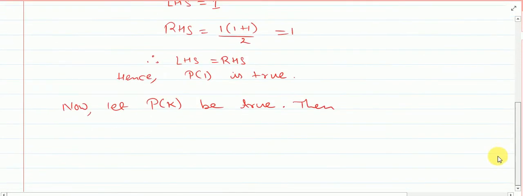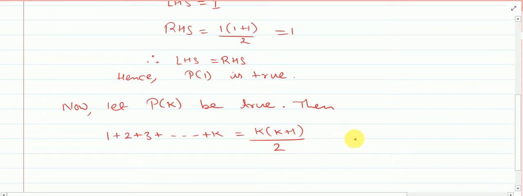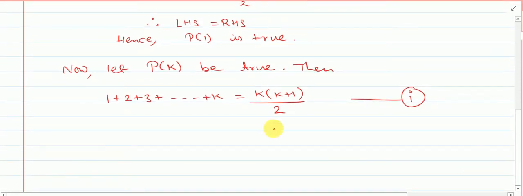Once I have written Pk is true, we write the same thing, the only difference being that we replace n by k. So we write 1 plus 2 plus 3 plus dot dot dot plus k is equal to k times in bracket k plus 1 divided by 2. You can call this equation 1. So this is the assumption that Pk is true.